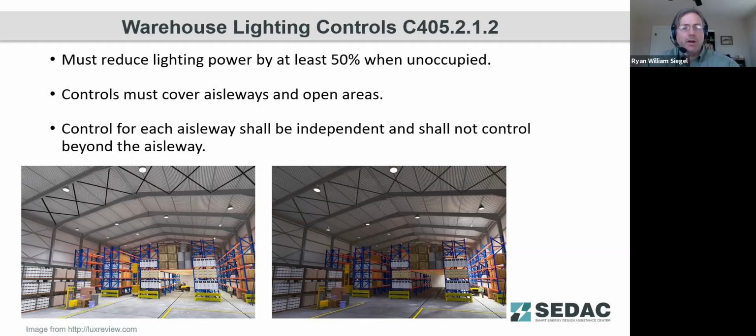So we also make sure that we control the aisleways separate from the open areas. Open areas are treated as a separate aisleway because you may have forklifts or people going between the different areas, so it's almost treated as a very large aisle.